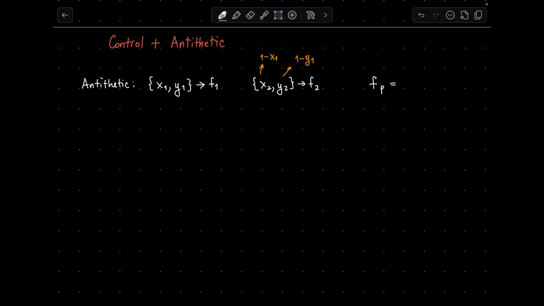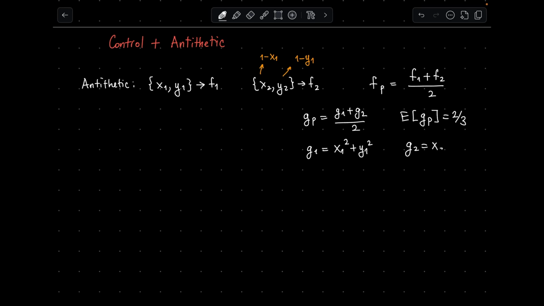Then we form the f pair, which is equal to f1 plus f2 divided by 2. However, we further modify the fp to be corrected by the control variate technique using g pair. Here, gp is equal to g1 plus g2 over 2, so the expected value is still 2 over 3. And g1 is equal to x1 squared plus y1 squared, and g2 is equal to x2 squared plus y2 squared.